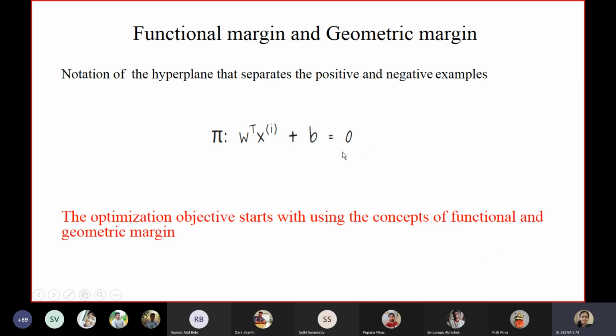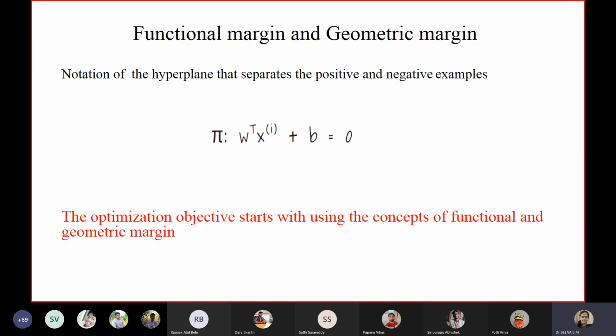Otherwise, if it is positive, the Y value is +1. So the functional margin gives us some number which denotes whether the sample belongs to the positive samples or negative samples.